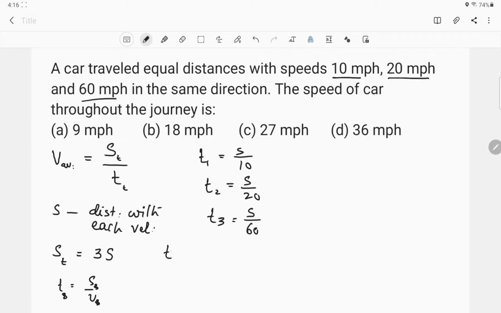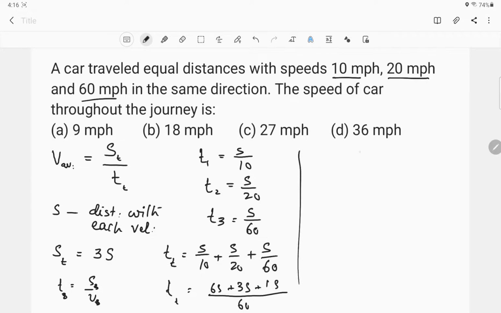The total time will be the sum of all: S by 10, S by 20 and S by 60. So the T total will be equal to, what is the LCM here? LCM is 60. So 60 divided by 10, 6s, plus 60 divided by 20, 3s, plus 60 by 60, 1s.